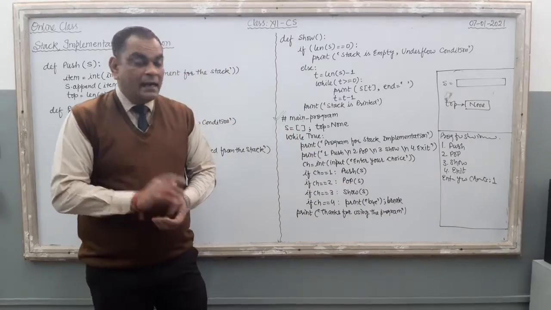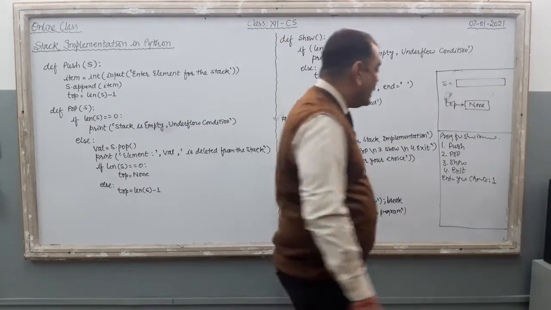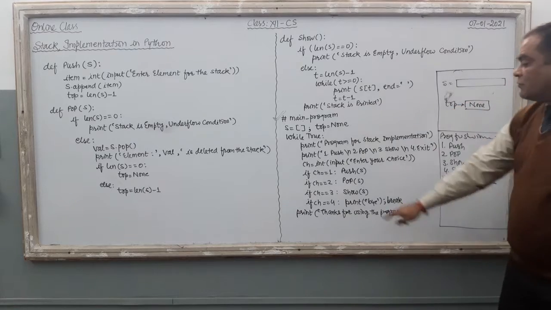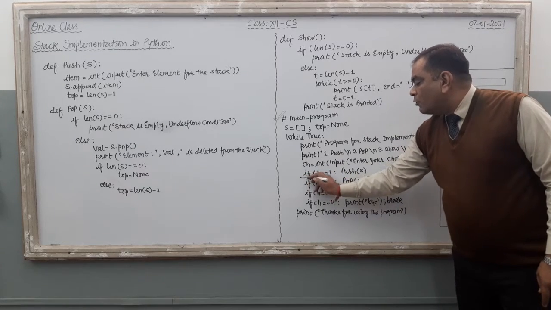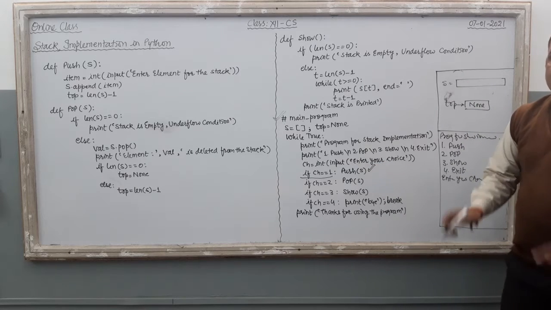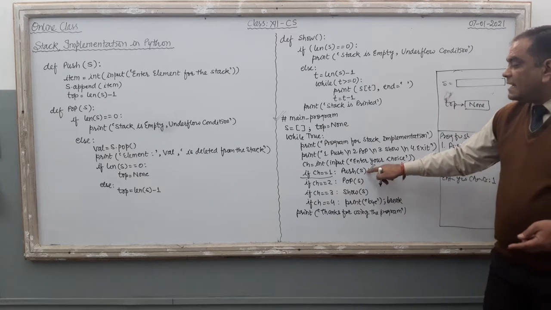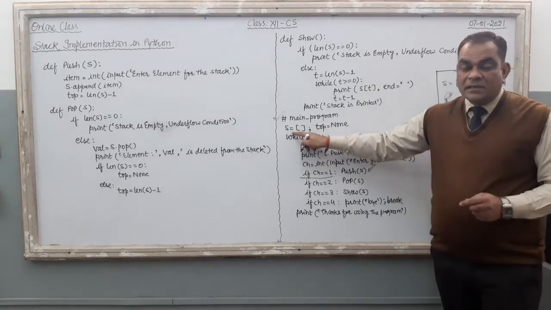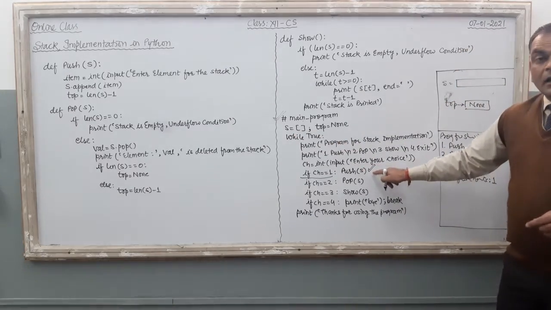Now see, I have entered 1 here, which means this if is true, and the computer will execute this line, push bracket s. What is s? S is an empty list here. So push.